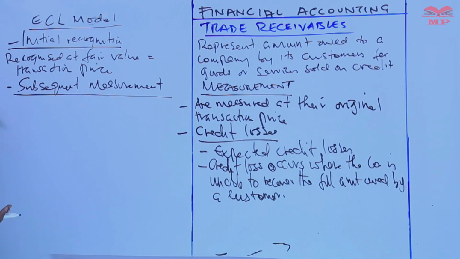They are measured after every 12 months. Companies must estimate the expected credit losses that are likely to occur within the next 12 months.